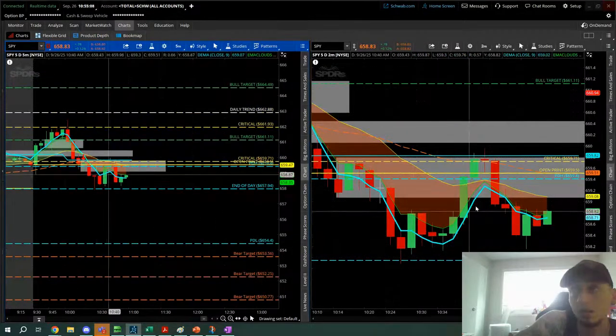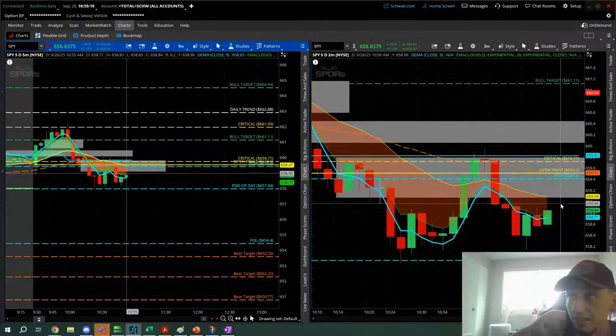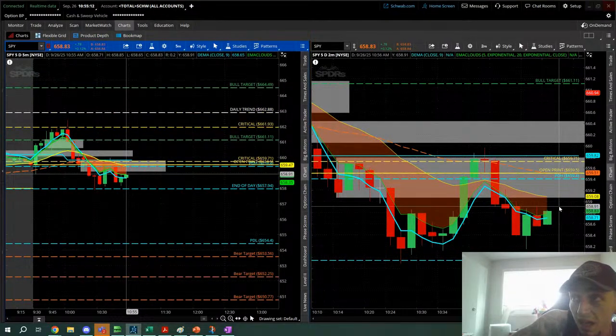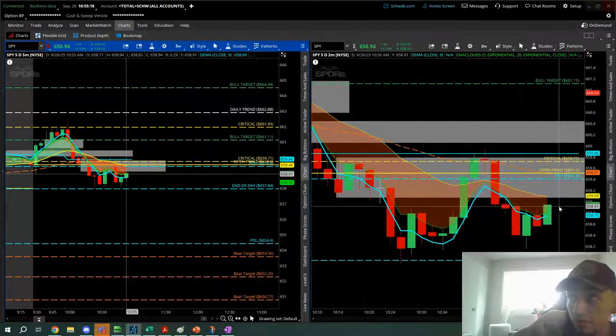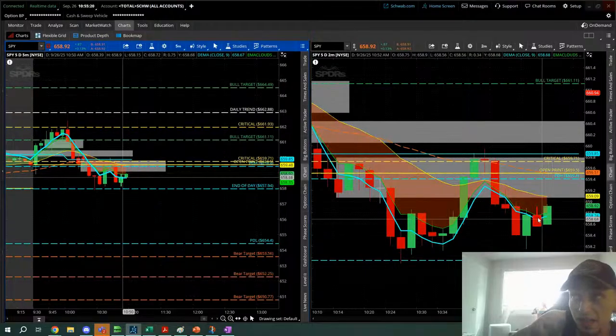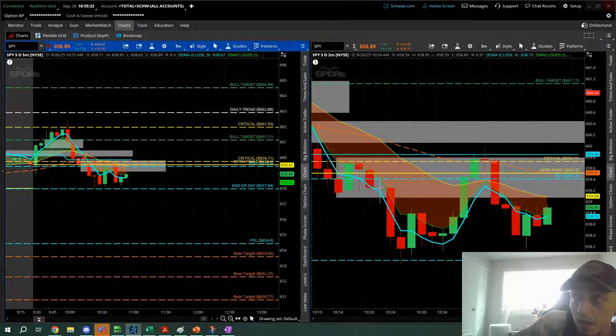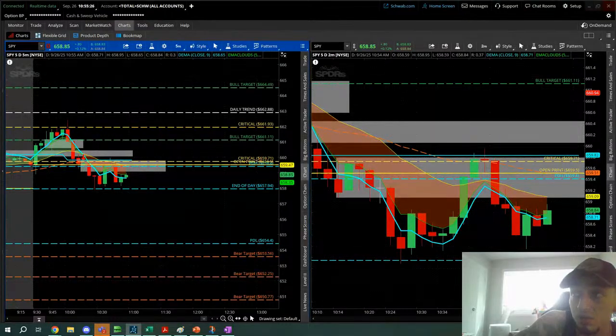Watching that 2-minute 20, guys. I don't even know if we could break this candle. Okay, candle broke. Watching the 2-minute 20. Want to make sure that we cannot close above it.